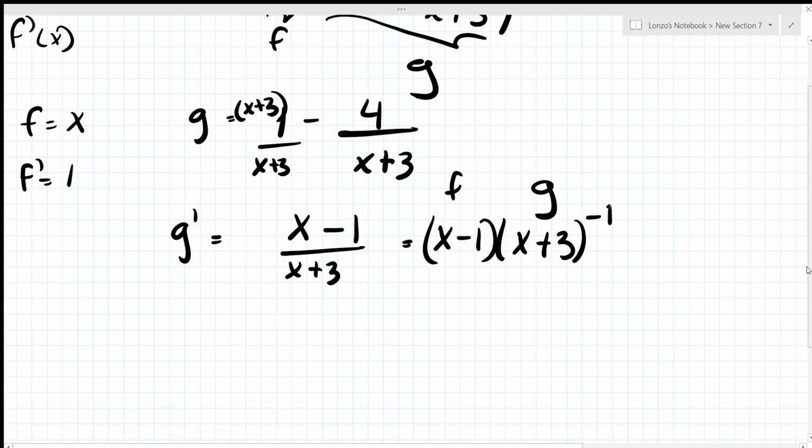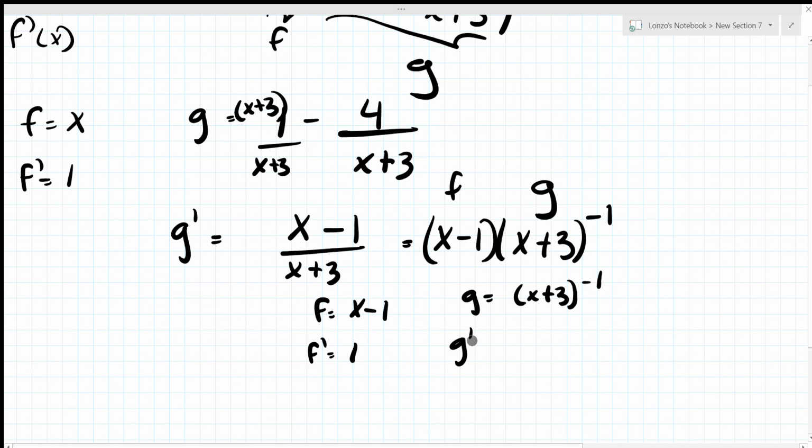So if you remember, the product rule is f prime of g. My f is x minus 1, so f prime is just 1, and then my g is x plus 3 raised to the negative 1.